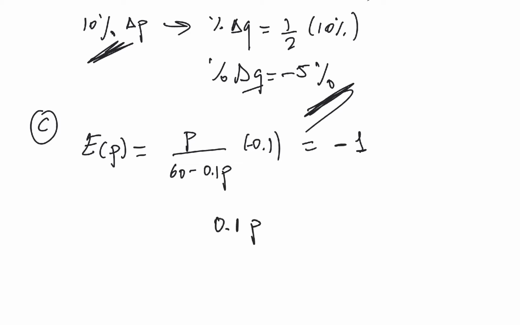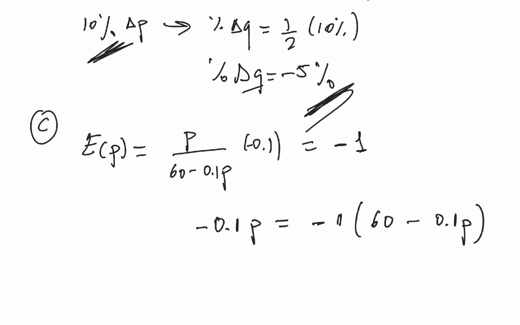0.1 P equal a minus 1, that minus 0.1 P equal minus 1 that multiplies 60 minus 0.1 P. So minus is plus.